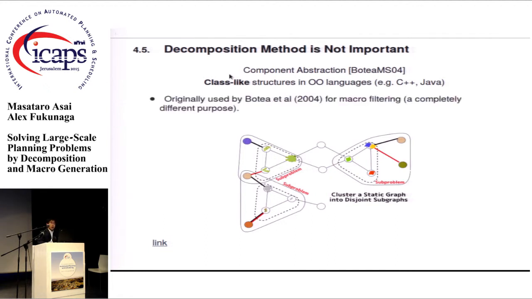This is not my contribution; it is by Botea et al. It was originally used for macro filtering, which is a completely different purpose compared to our decomposition purpose. But this is okay, we can use other decomposition methods.